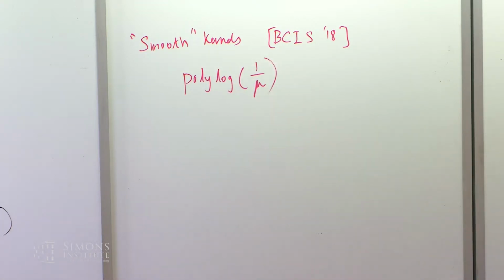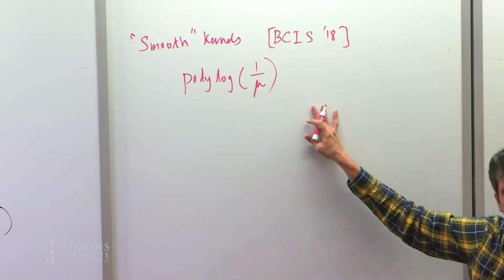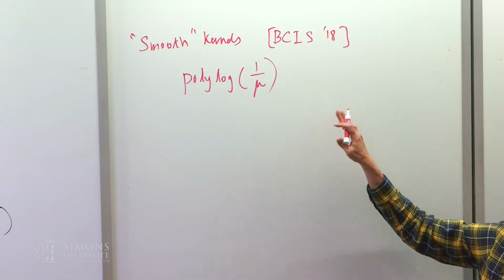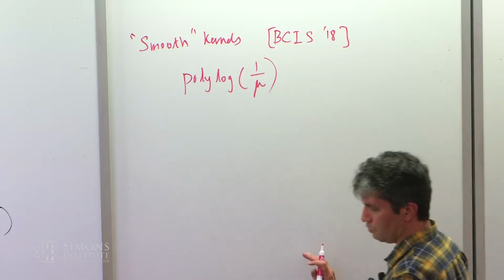So here, these methods that I mentioned before get an improved dependence on mu. But in fact, if the kernel has even more structure, this polynomial drop-off, then you get a polylog 1 over mu dependence.